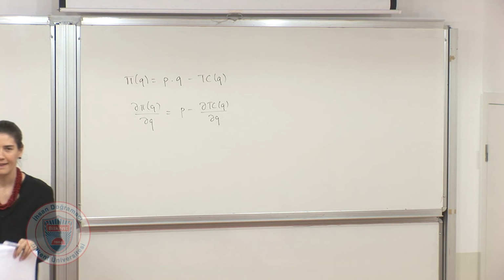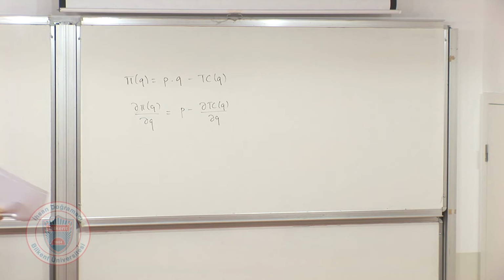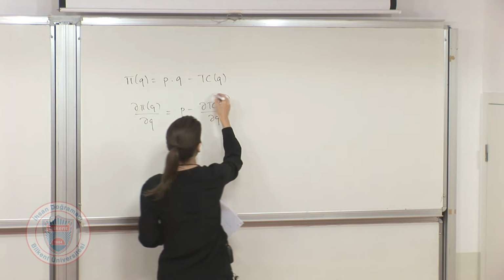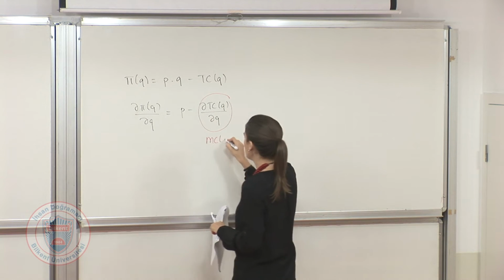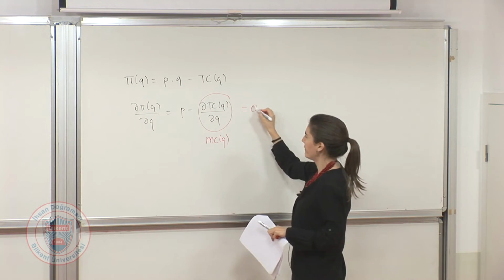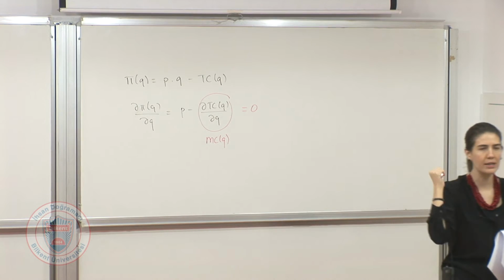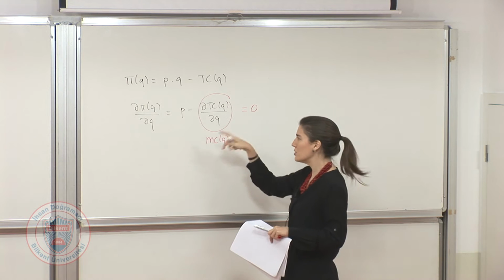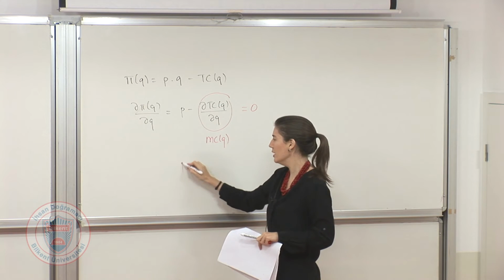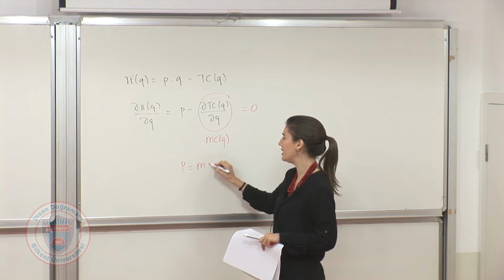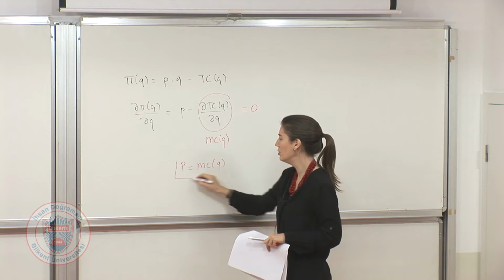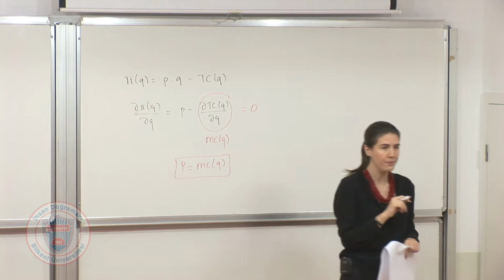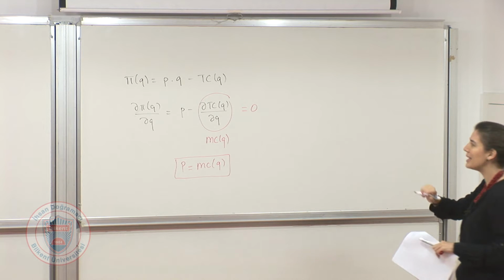This was called marginal cost, right? The first order condition requires that, if it's a profit maximizing point, this should be equal to 0. So if the firm is a price taker, the condition is that price should be equal to marginal cost, okay?